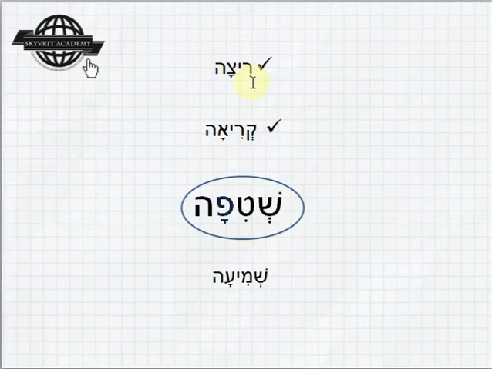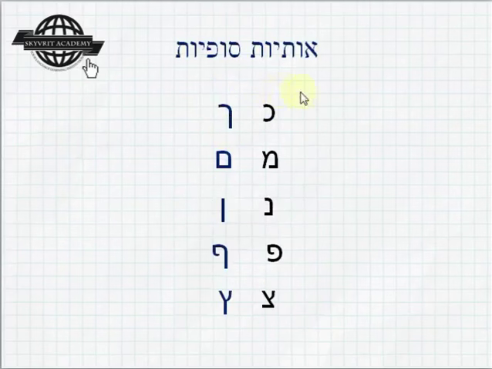Now, the next step is we need to make sure that we don't have any final letters, otiot sofiot. We need to make sure that we don't have any of these, because if we do have one of these as a final letter, as ot sofit, that would be silent.